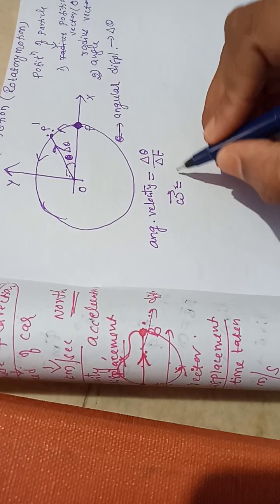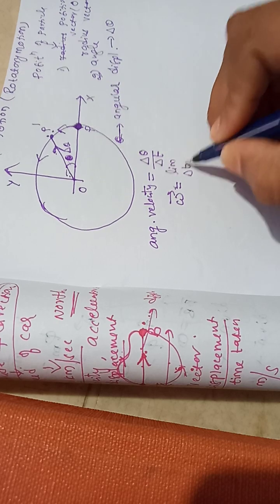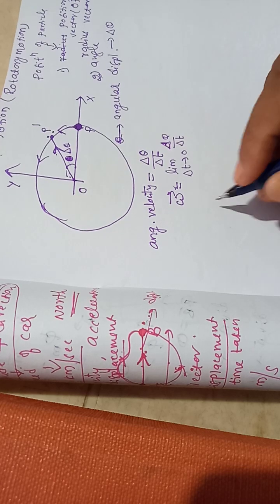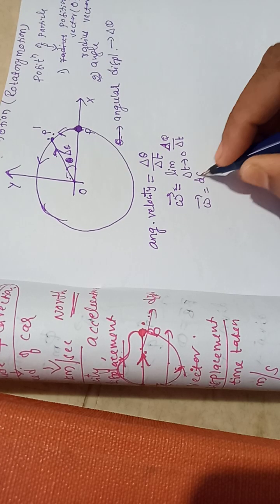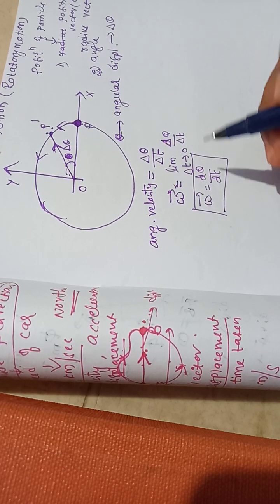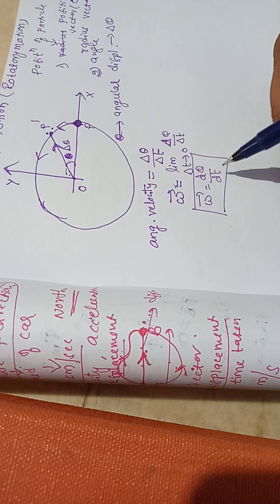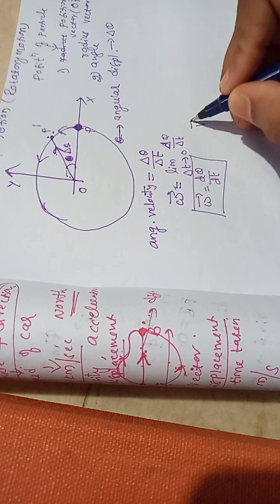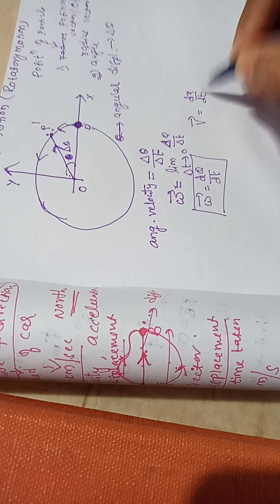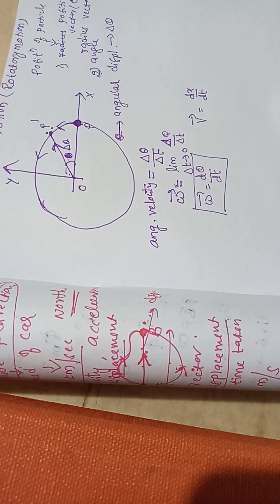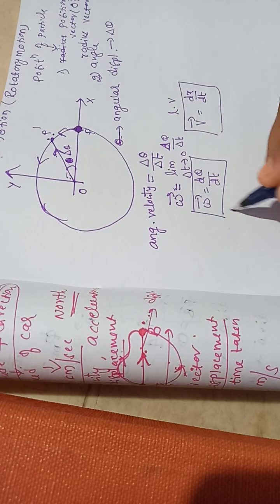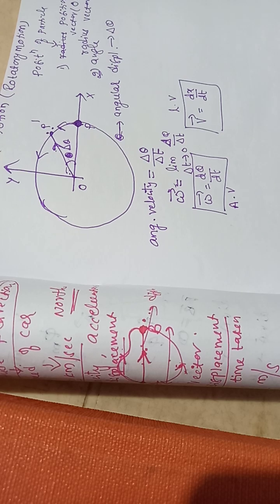If we apply the limits, delta theta by delta t becomes d theta by dt. So angular velocity is defined as the rate of change of angular displacement, and linear velocity is defined as the rate of change of displacement. This is linear velocity and this is angular velocity, right?